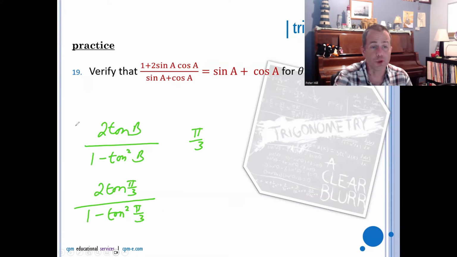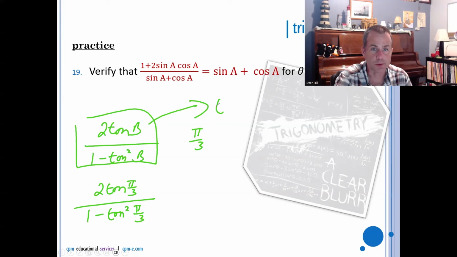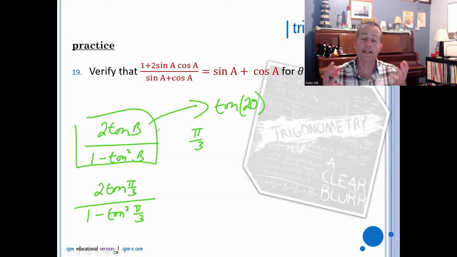Don't look at this and say, oh my dear, that equals tan of 2 theta. Now, yes, that is a true statement, okay? But in a verification, you do not switch identities. You don't do any identity work in a verification.